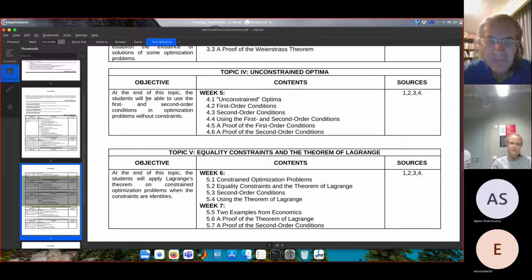For week number 5, we're going to cover unconstrained optima, first order conditions, second order conditions, using the first and second order conditions. And we are going to provide proofs for the first order conditions and second order conditions.